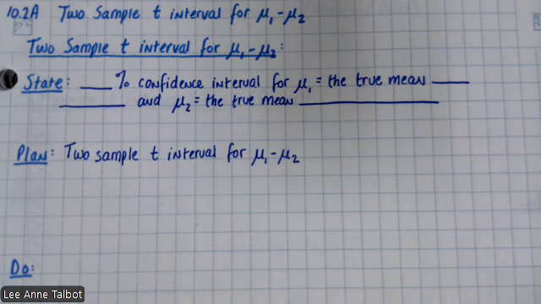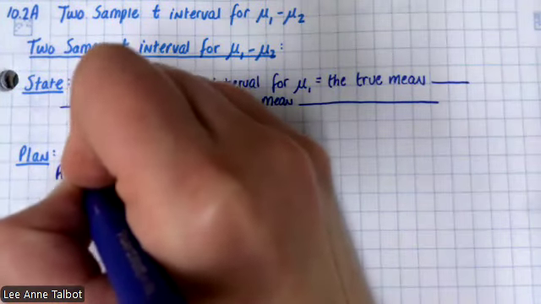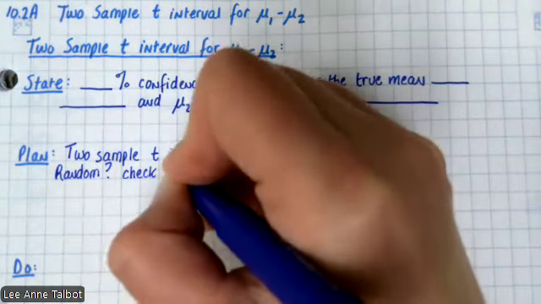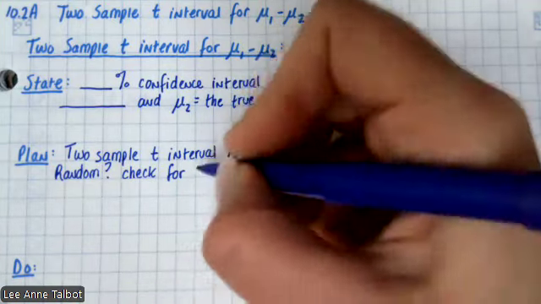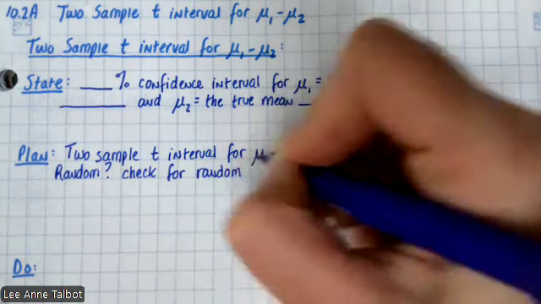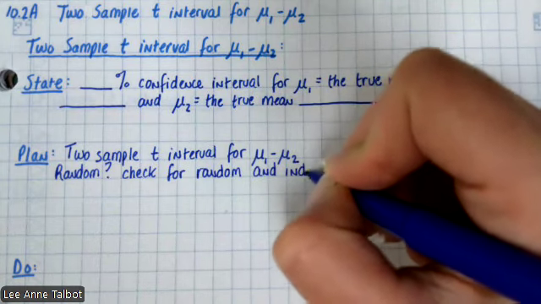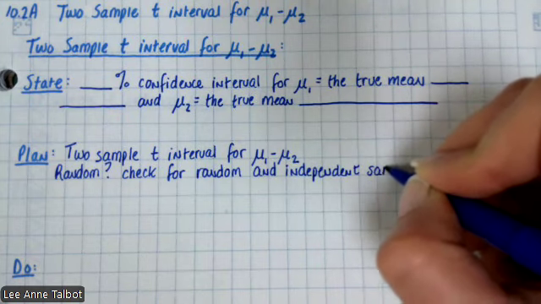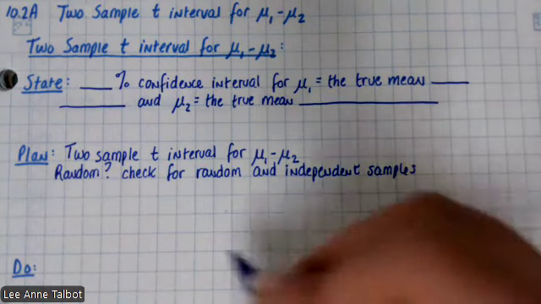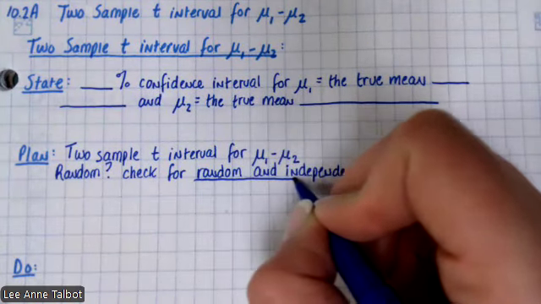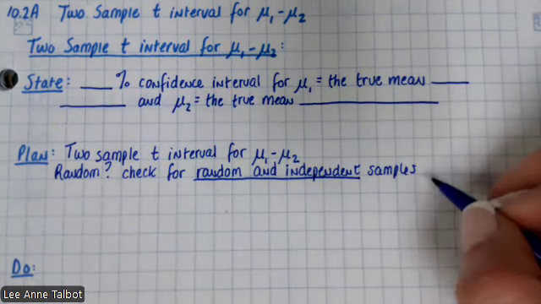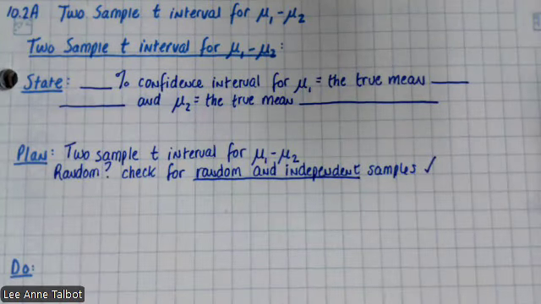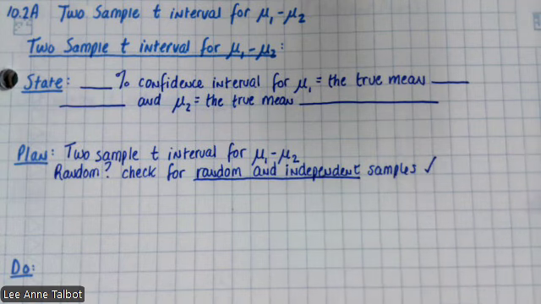Okay. Random. Both of the samples need to be random, but they need to be independent of each other.